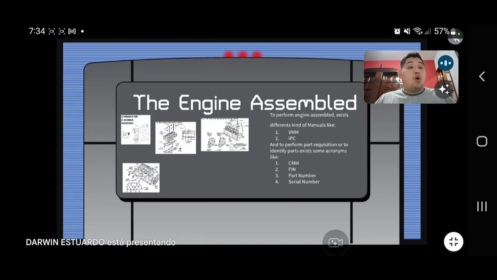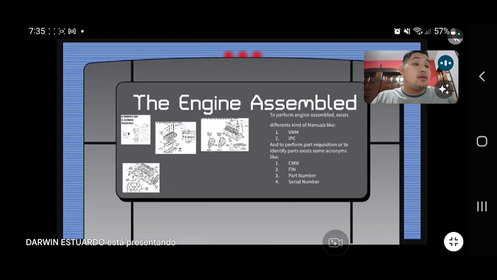But to assemble that, the VMM will explain what torque I need to apply to the bolts and the nuts, and whether I apply the torque to the nut or to the bolt head, because that is really important to understand.